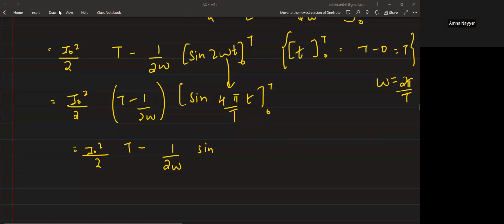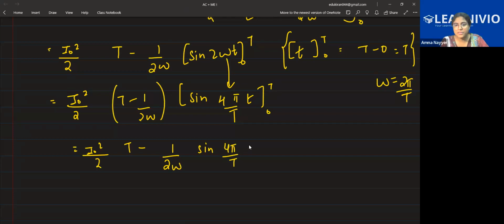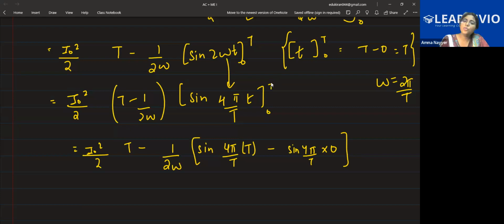At this step, this will be 4 pi by T. First, I'll put capital T, minus sine 4 pi by T into 0. So I've put the upper limit first. You just replace the variables, not the constant term. 4 pi by T is present, you don't replace it. Your variable is small t, so you will replace it with the upper limit first, then the lower limit.